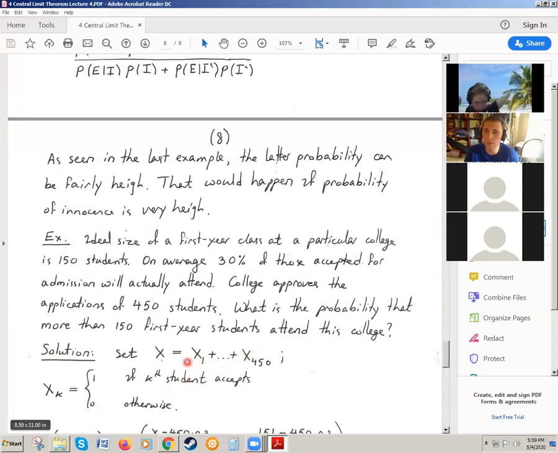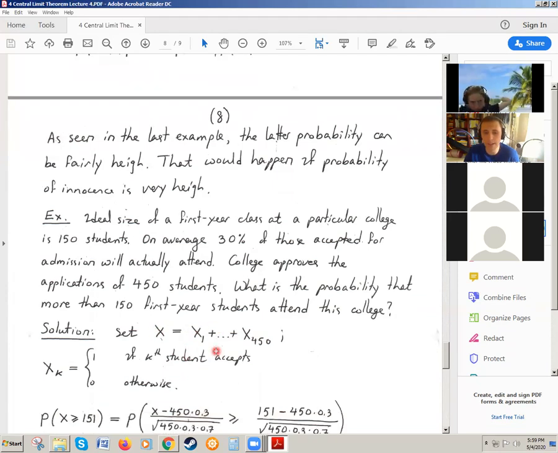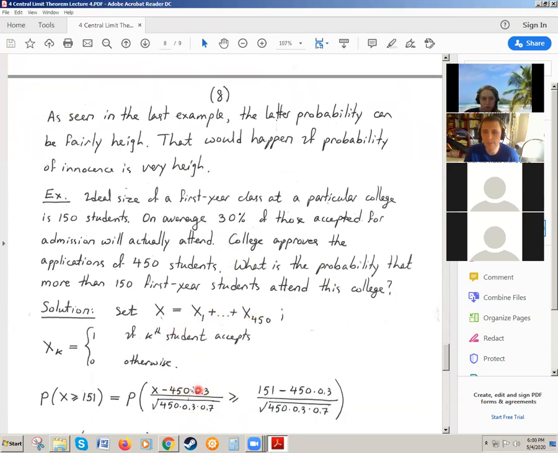First, I want to calculate the expected value of x, which is simply 450 multiplied by 0.3. I need the expected value because that will be the mean that I will use for the normal approximation.